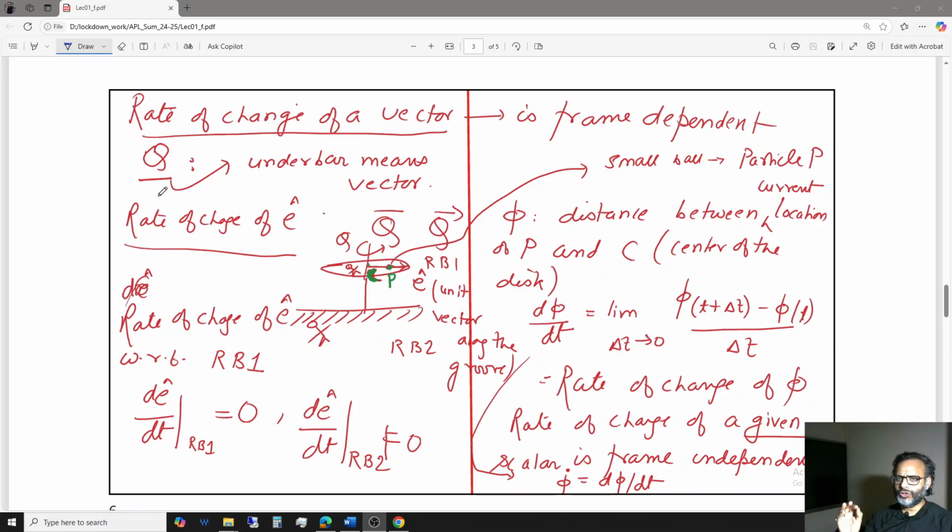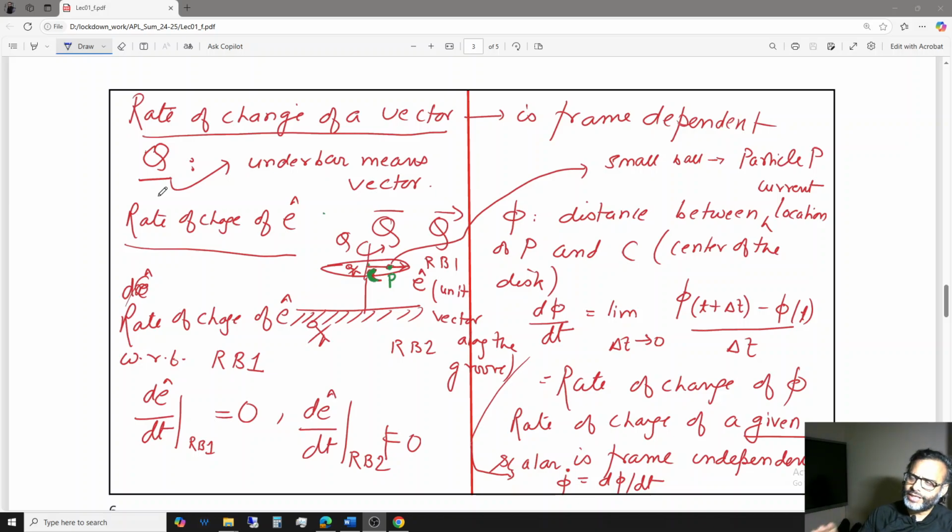And I would request you all to be clear about it as I move to newer and newer topics, that an underline will denote a vector. So the question I am asking: if I have a vector, how do we find the rate of change of the vector, and what is its significance vis-a-vis reference frames that we talked about?